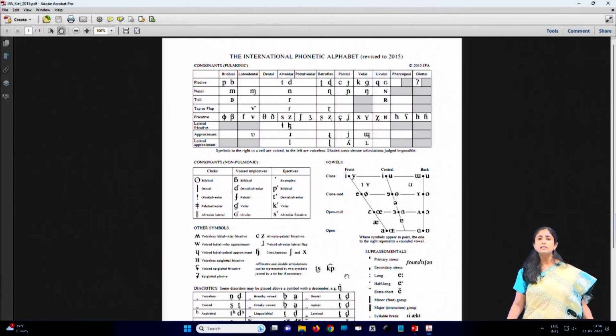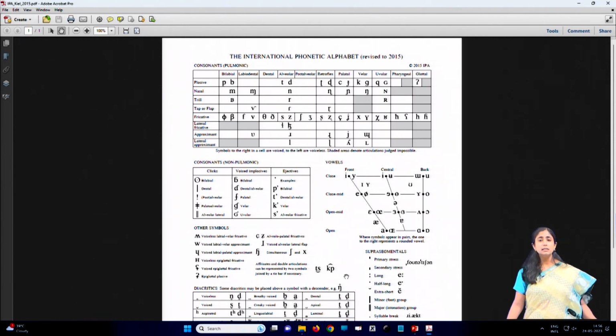So, at times it is difficult for us to produce those sounds and also to perceive them. Maybe both sounds will look similar to me, because my language does not differentiate between those two sounds. So, those two sounds may seem the same to me.